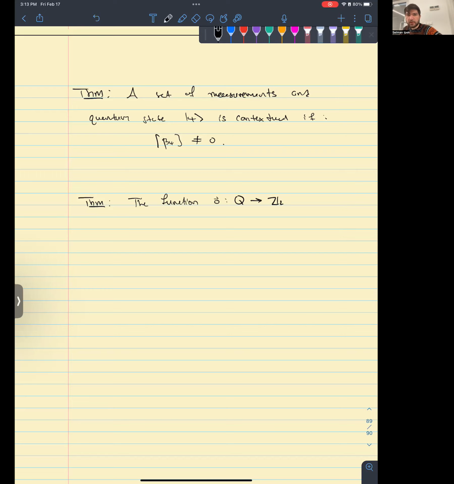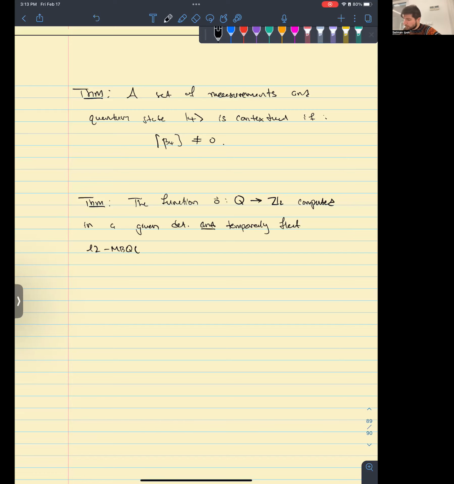You can have this function, which you can think of as going from an input to Z2, as we defined previously, computed in a given deterministic and temporally flat MBQC.